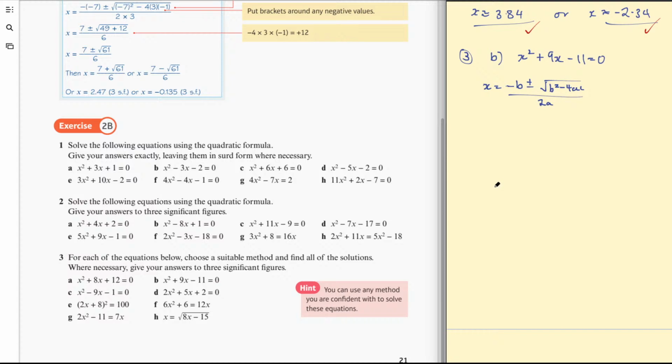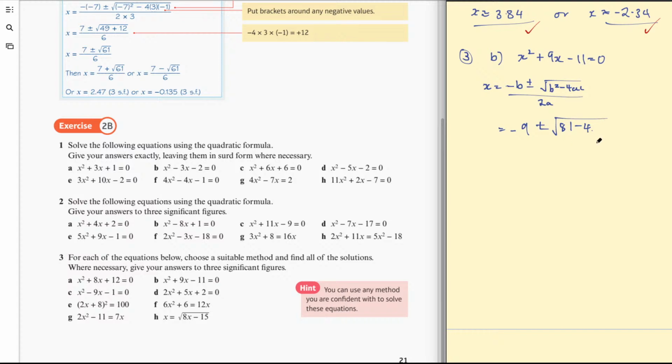Okay, so x equals negative b plus or minus the square root of b squared take 4ac, over 2a. b is 9, negative 9 plus or minus the square root of 81 take 4 times a is 1, so I'm not going to write it. Positive 1 I should say.